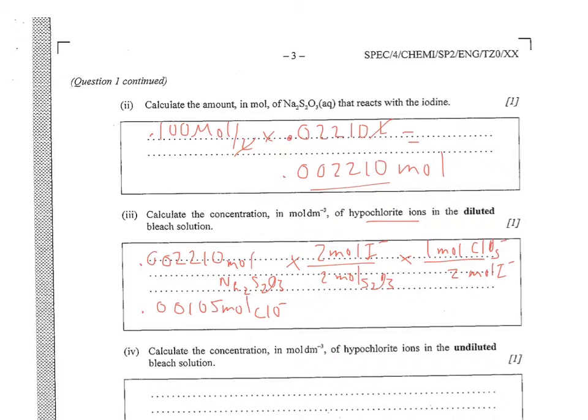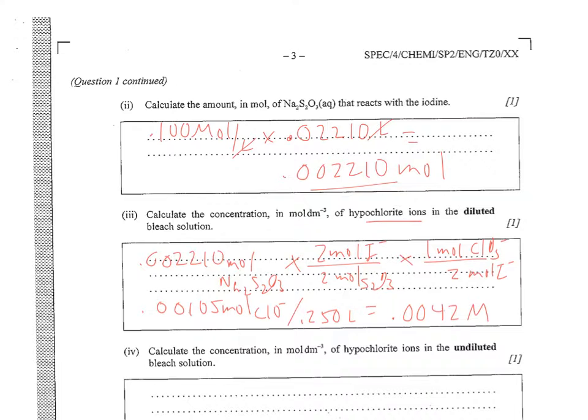And my diluted bleach solution, if you read, was 250 milliliters or 0.250 liters. So that means my concentration is 0.0042 molar. And you notice I've dropped to 2 sig figs because the 250 milliliters didn't indicate that all 3 were significant figures.